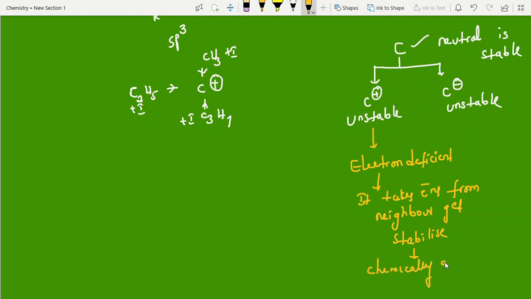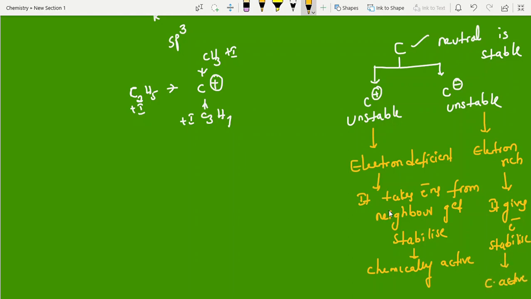All reaction intermediates are chemically active. This is electron rich, this is a nucleophile, right? So it gives electrons and becomes stable. Now next one, this is also chemically active.